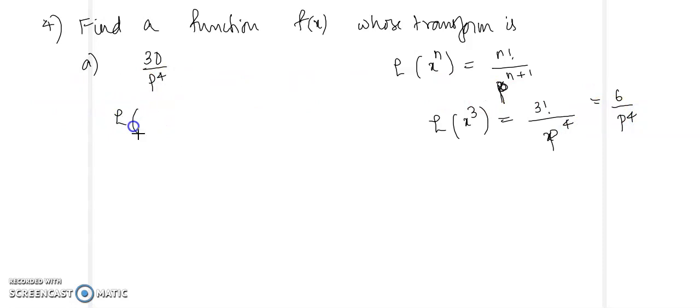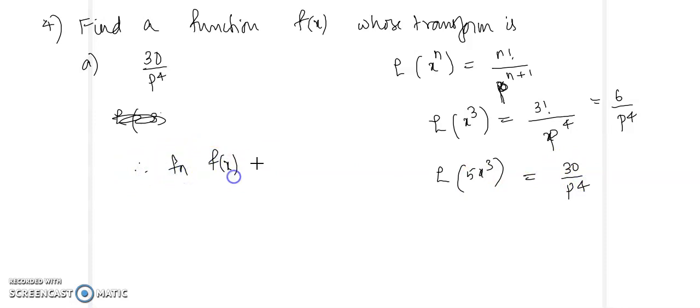If you need 30 here, L of 5x cube will be equal to 30 by p raised to 4. Therefore the function f of x will be equal to 5x cube. So that is the required function.